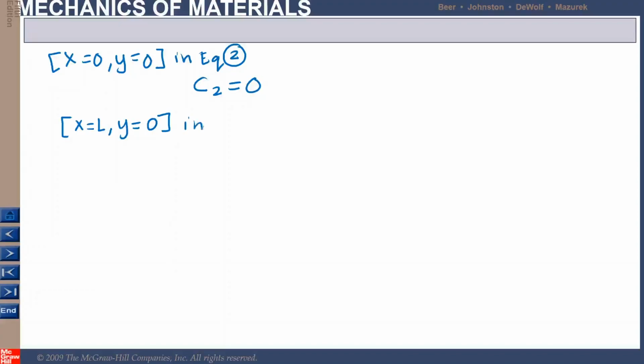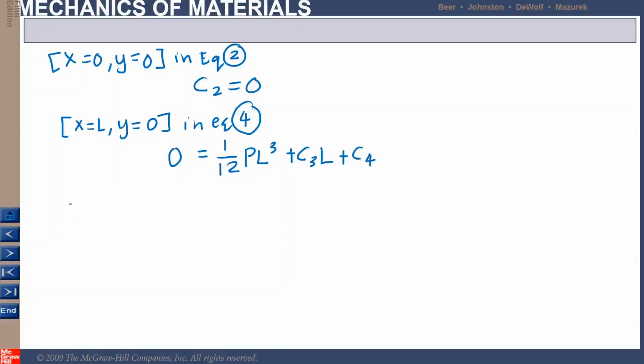In equation 4, you will get 0 is equal to 1 over 12 PL cube plus C3L plus C4.